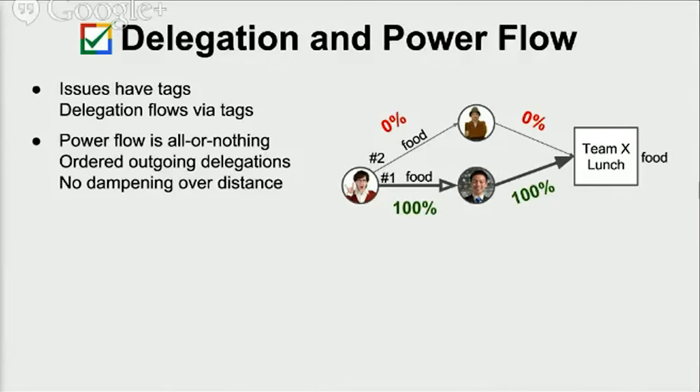It also makes the UI a little simpler, in the sense that rather than looking at all my delegations, I look at a list of users and say, which of these people do you trust more? You say, I always trust this person more than this person. Later on, if we really wanted to get fancy, you could make the numbers per tag, but I wouldn't envision launching something like that anytime soon.